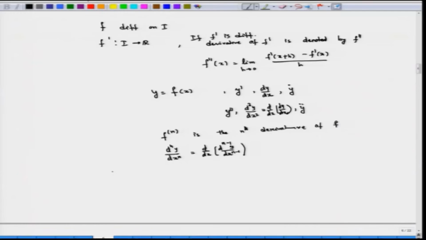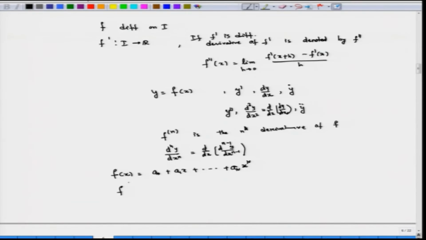For example, take a polynomial f of x equal to a 0 plus a 1 x plus up to a n x to the power n. The first derivative will exist and is again a polynomial, the second derivative will exist and is again a polynomial, and so forth. So, for any n we can define the derivative of this function.